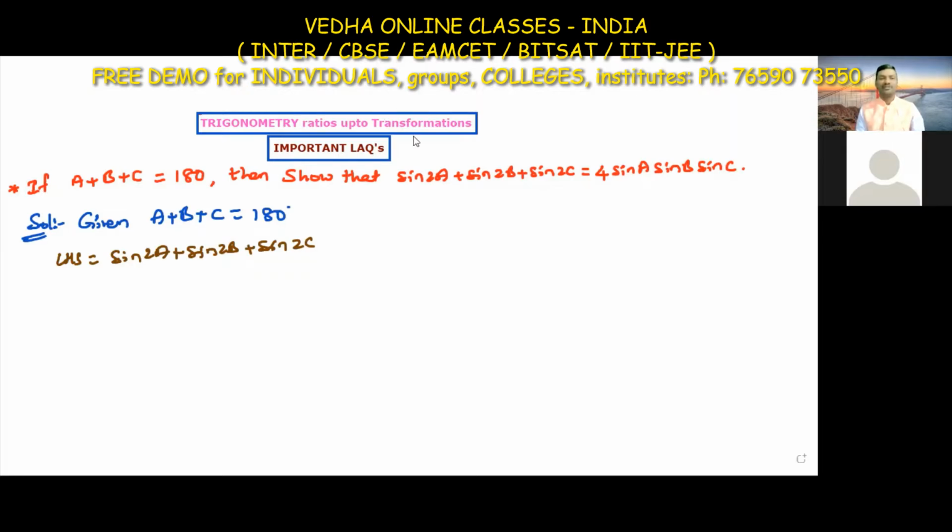So here what do we do? First take the first two terms, and apply the sine C plus sine D formula. What is the sine C plus sine D formula? Sine C plus sine D is equal to 2 sine of (C plus D) by 2 into cos of (C minus D) by 2.